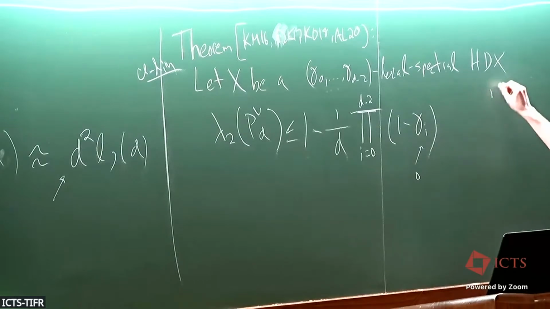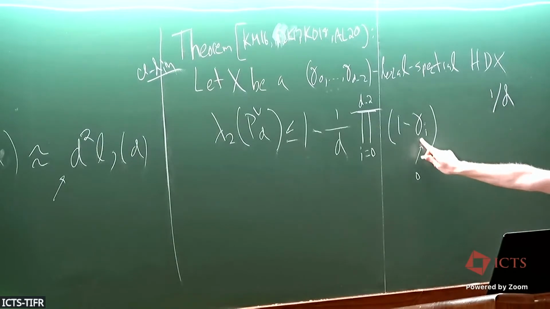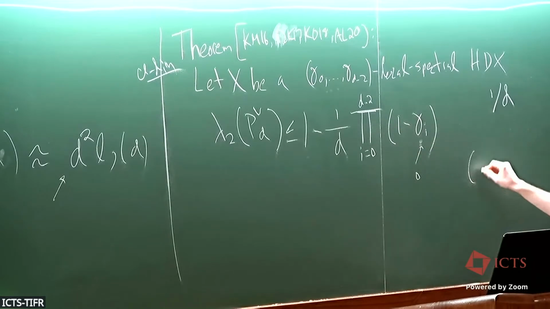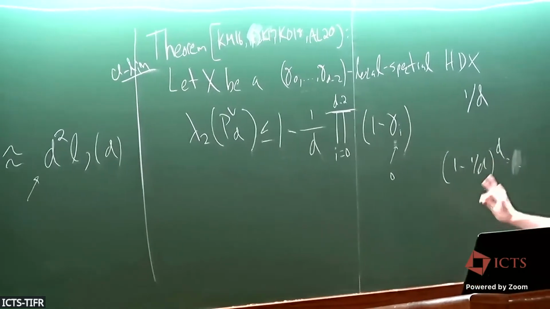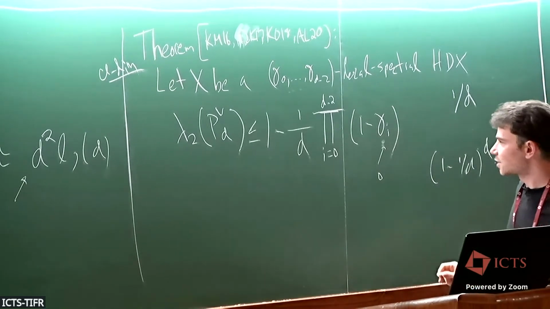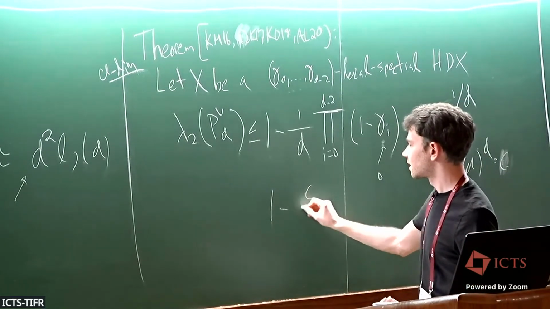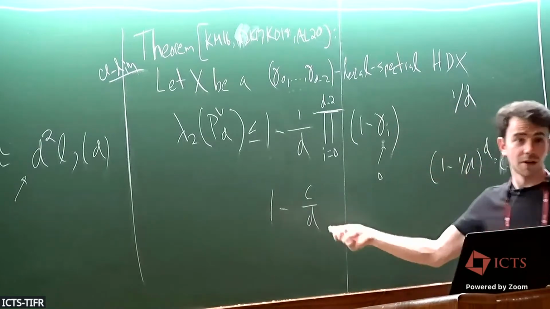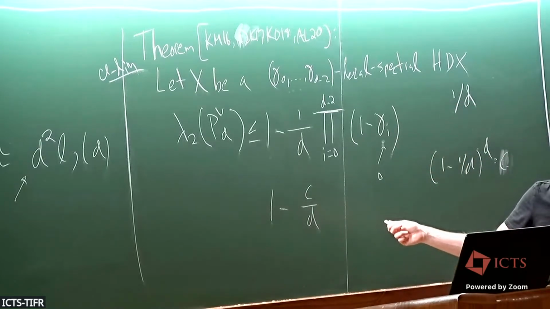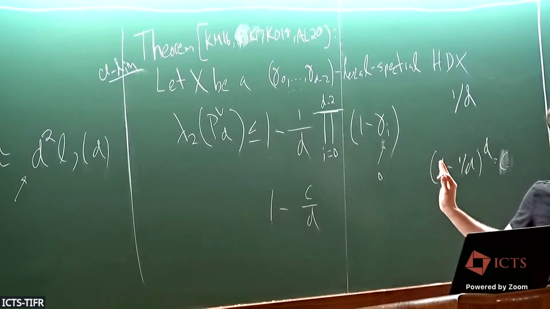They're more like 1 over d local spectral expanders, or something like this. If I plug 1 over d into here, you'll notice this is just a constant, right? This is like roughly 1 minus 1 over d to the d, which is like 1 over e, something. It's some constant. So this will get you a gap that's like 1 minus c over d, and will still imply quadratic mixing time for fairly weak high-dimensional expanders.